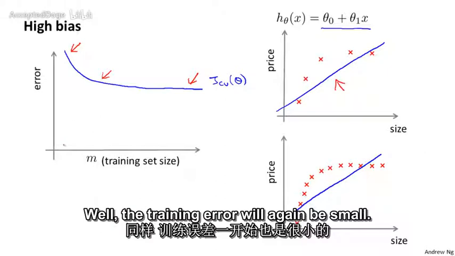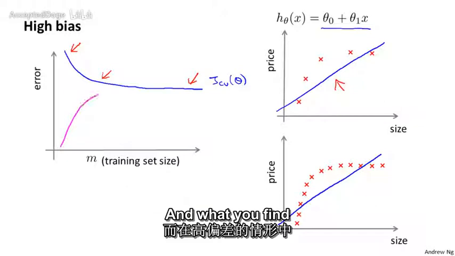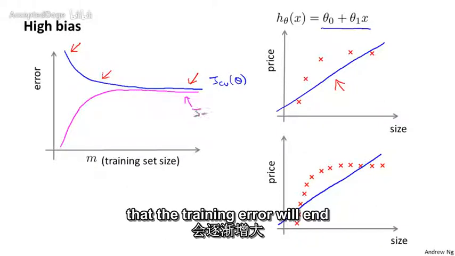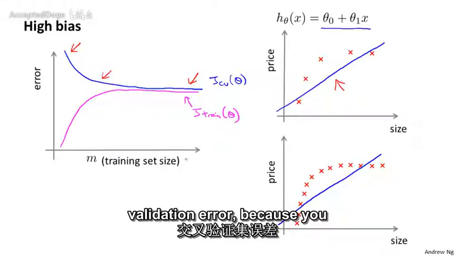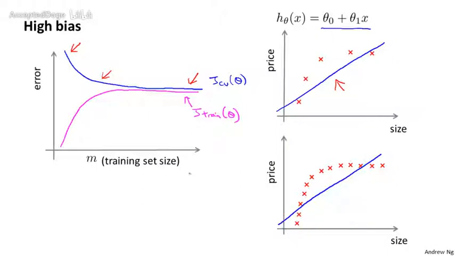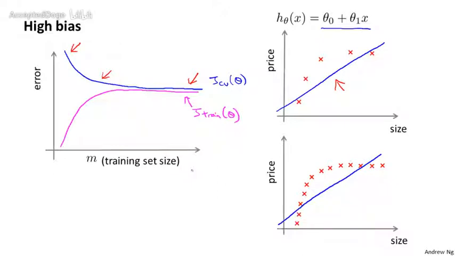Well, the training error will again be small, and what you find in a high bias case is that the training error will end up close to the cross-validation error. Because you have so few parameters and so much data, at least when m is large, the performance on the training set and on the cross-validation set would be very similar.